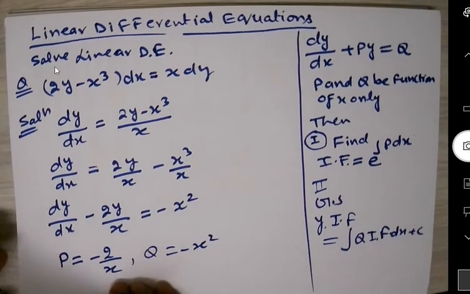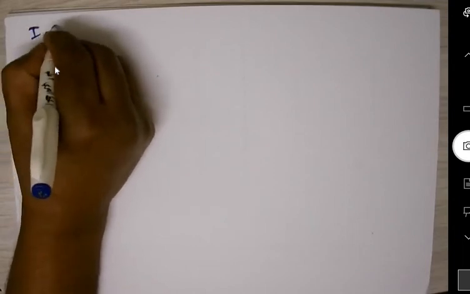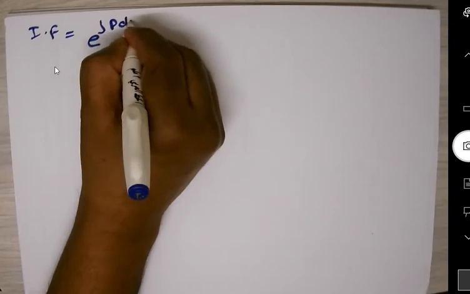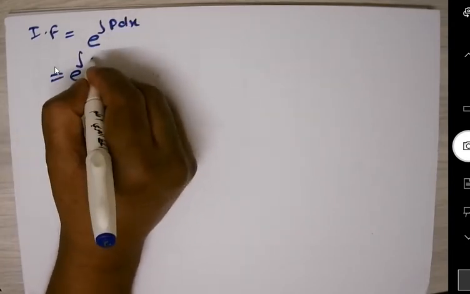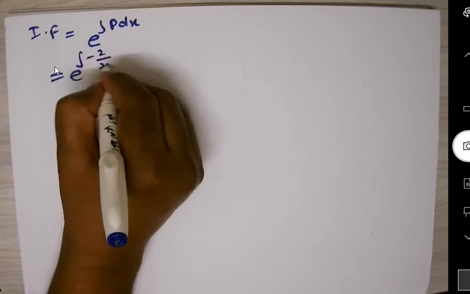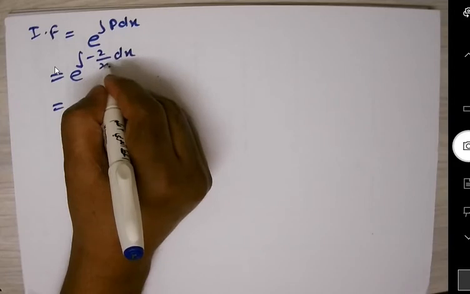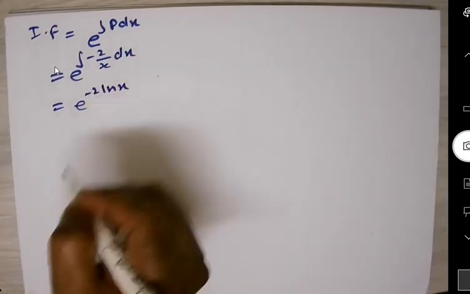Now write the integrating factor first, that means two steps. Integrating factor is e raised to the power integration p dx. Substitute this one: e raised to the power integral of minus 2 divided by x dx. Now integrate it. E raised to the power integration of minus 2 by x is minus 2 ln of x.